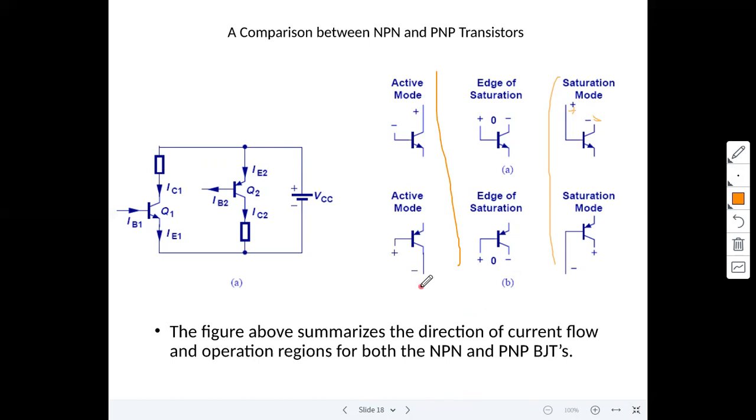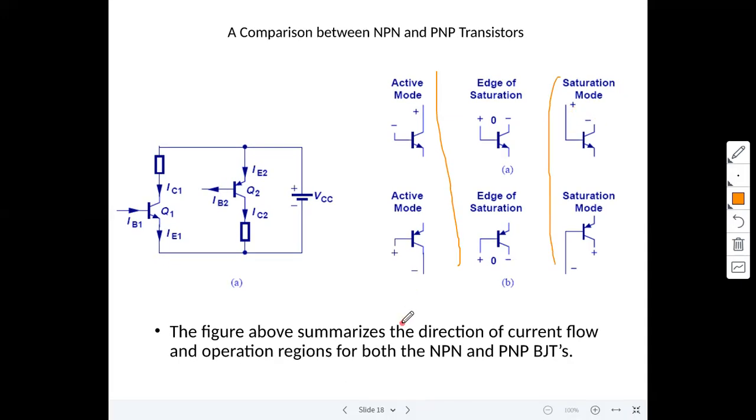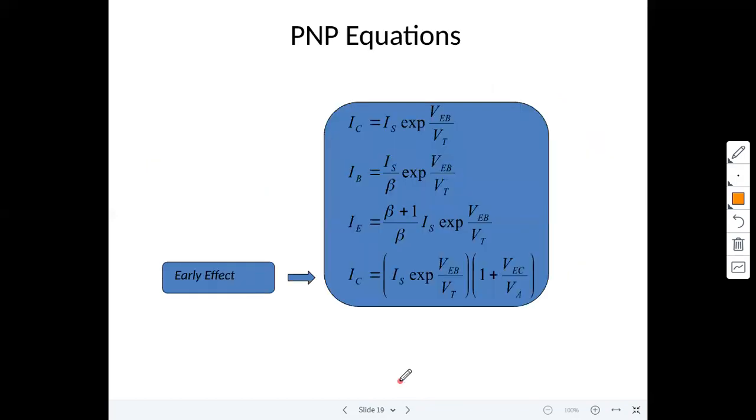This is about transistors operated in the saturation region, as well as PNP transistor connections and the current flow mechanism in PNP transistors, and we also discuss problems. The PNP transistor collector current, base current and emitter current expressions are the same as the NPN transistor current expressions, but instead of VBE, here it is VEB.